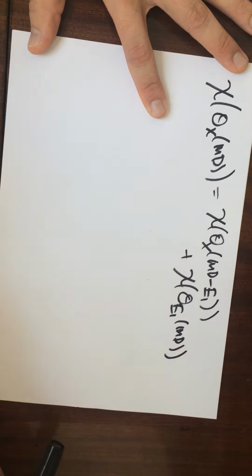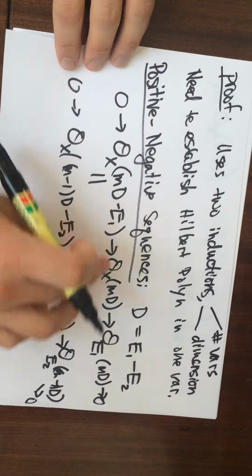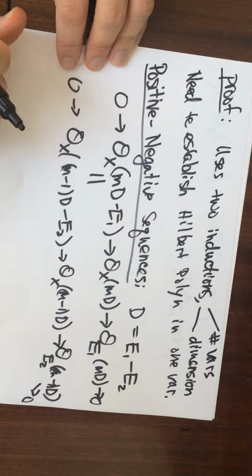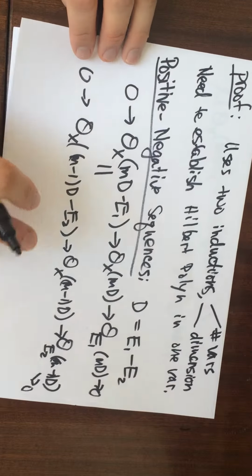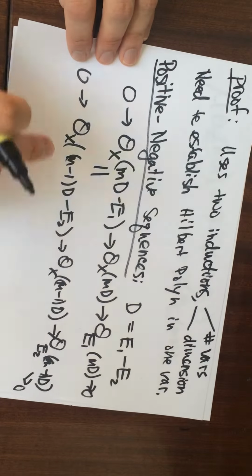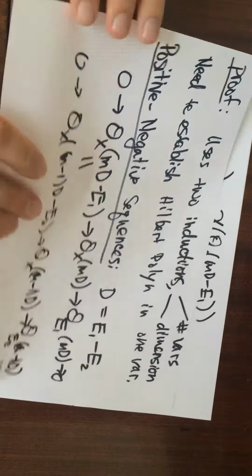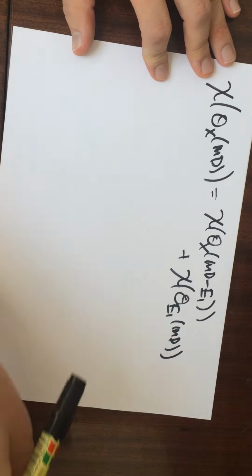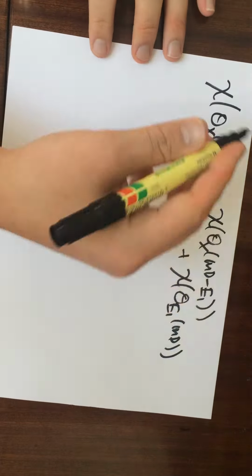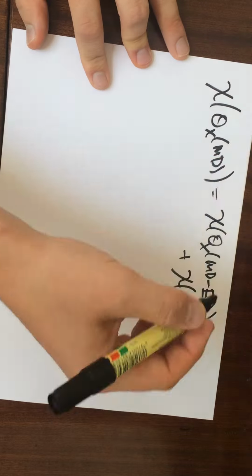All I did is take this sequence and chop it up, taking the Euler characteristics of this, this, and this. Now I'm going to do the same thing here. Let me shorten this notation a little bit.